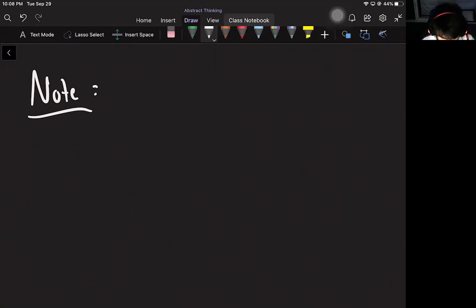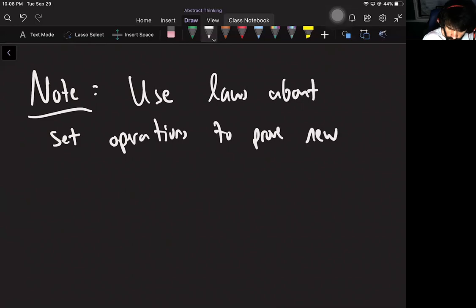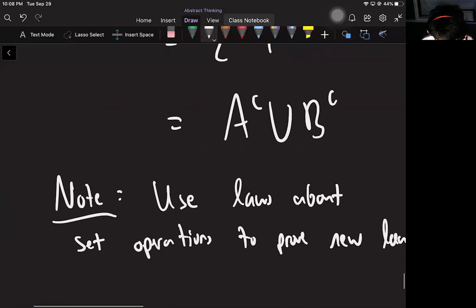And that was by using previously known logical equivalences. So you can use laws about set operations to prove new laws as well. So that's another way to do proofs.